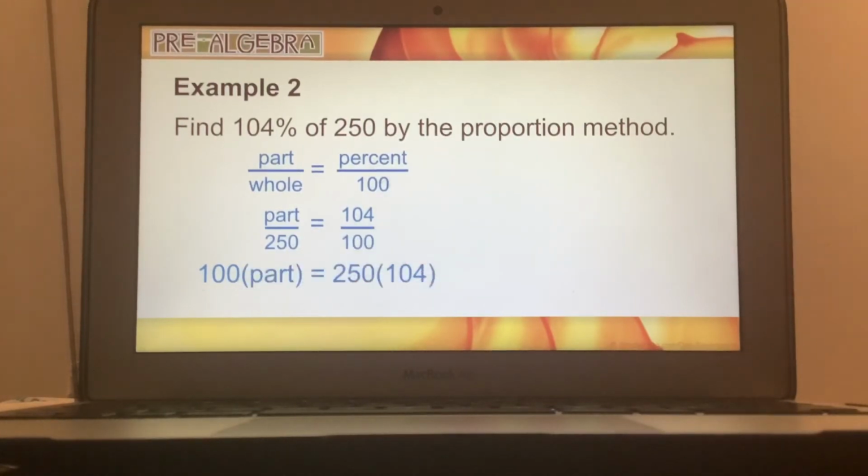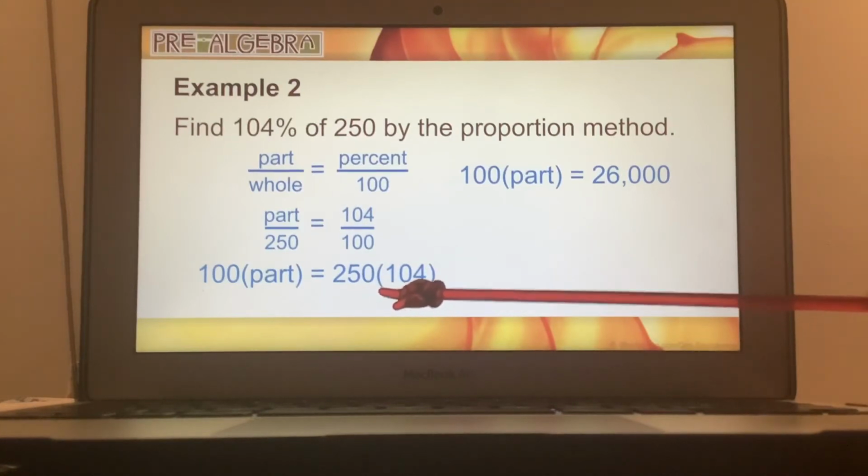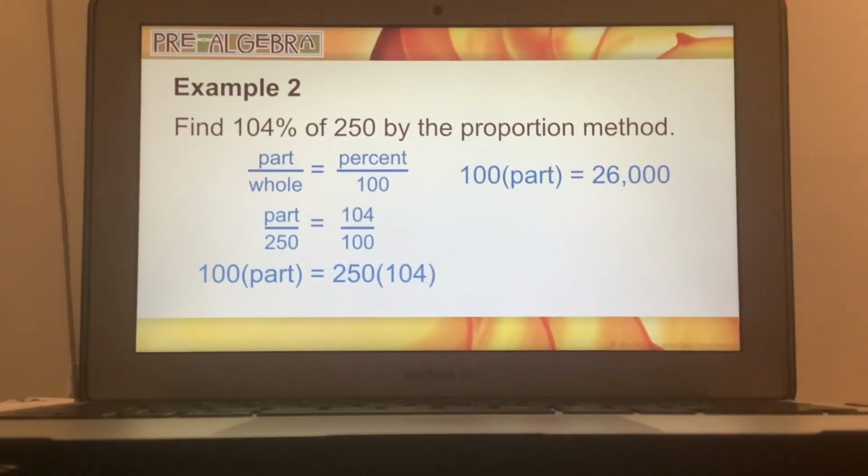So then we would divide by 100 or simplify this. 250 times 104 gives us 26,000. Then divide by 100, and you can just cross out 2 zeros, and the part would be 260. And that is your final answer right there.